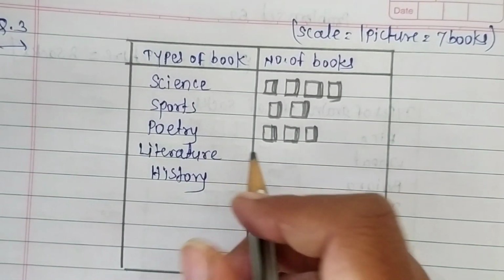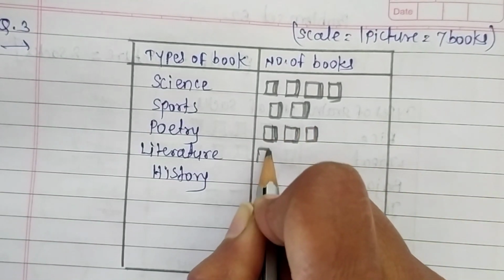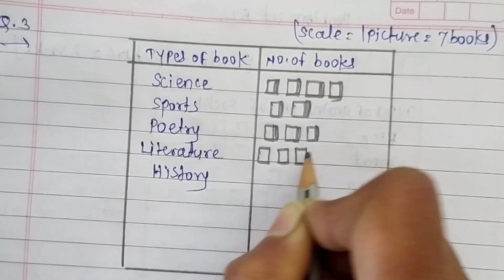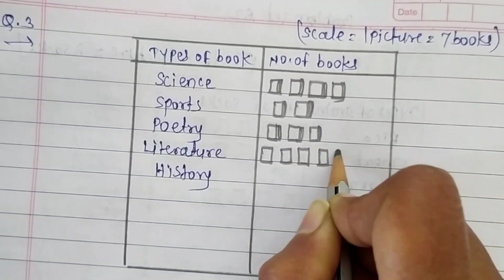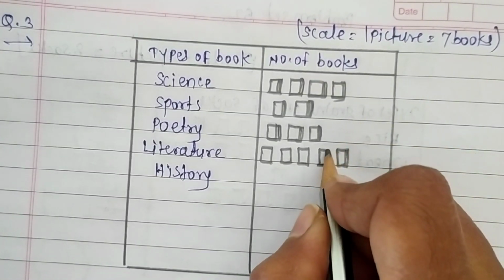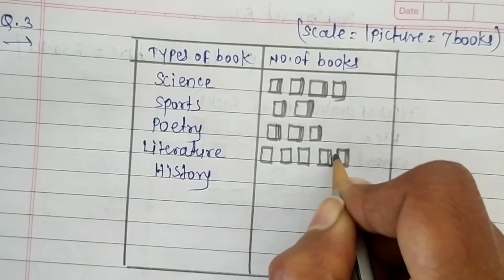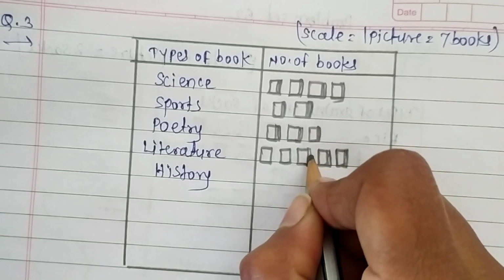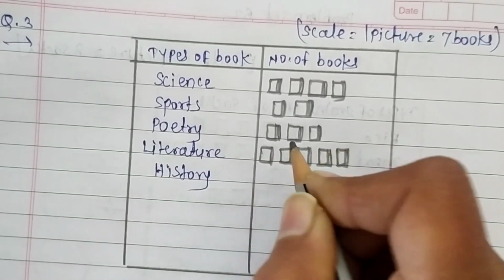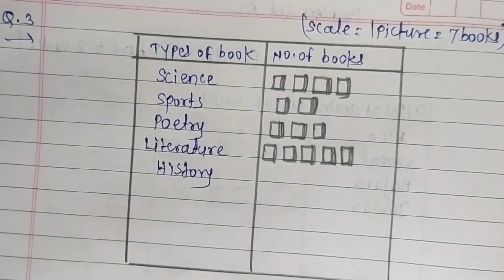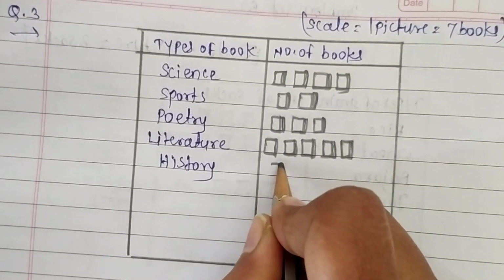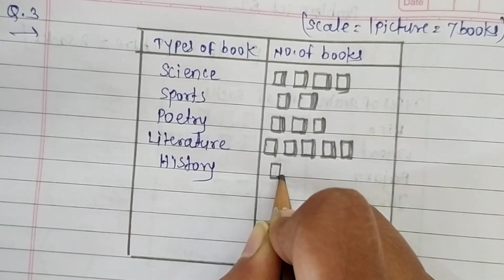Now for literature we have to draw 5 pictures. 1, 2, 3, 4 and 5. 5 pictures of books. And for history there are 7 number of books and we have to draw only 1 picture for it. Let's draw here 1 picture of history.